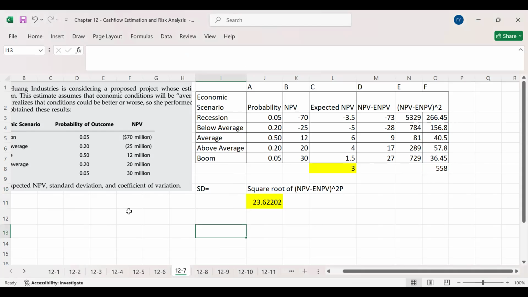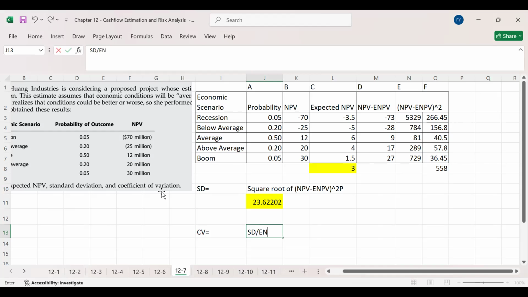And then the next requirement is coefficient of variation. Coefficient of variation is the risk per unit of return. So the coefficient of variation is the risk, which is the standard deviation, divided by the expected return.